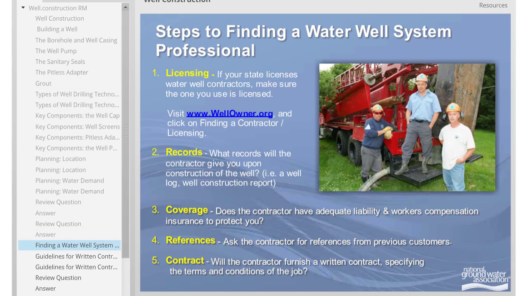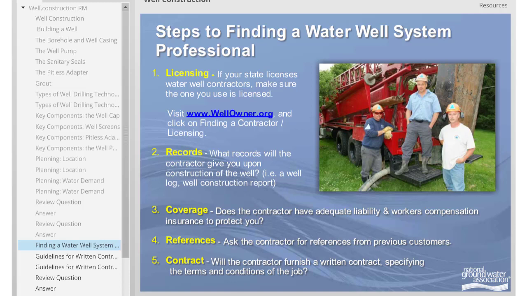There also are some steps to finding a qualified water well system professional. First, if your state licenses water well contractors, make sure the one you use is licensed. Second, ask the contractor what records he will give you upon construction of the well. Records such as a well log and well construction report can provide important information in the future if your well needs maintenance.